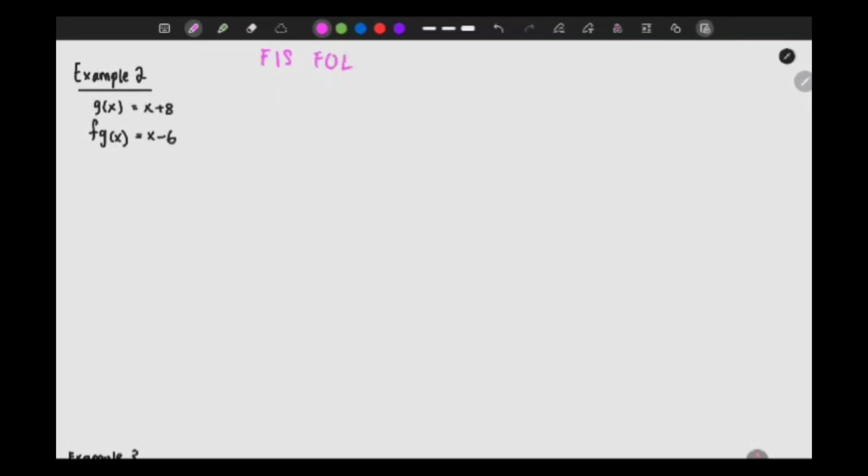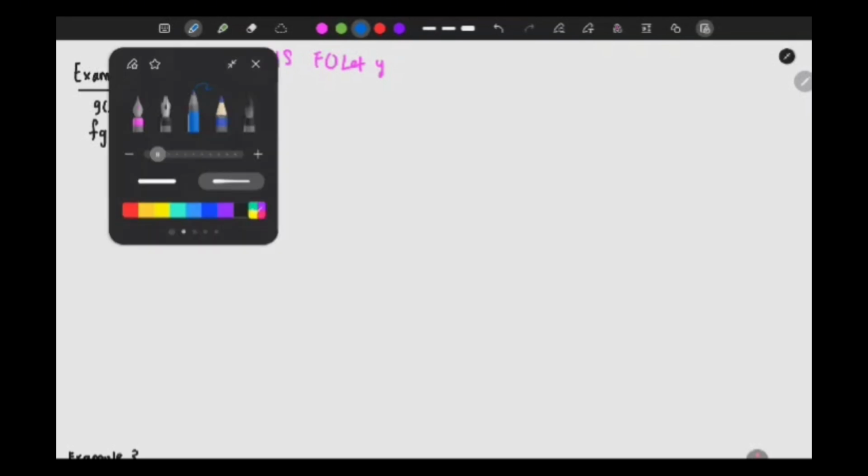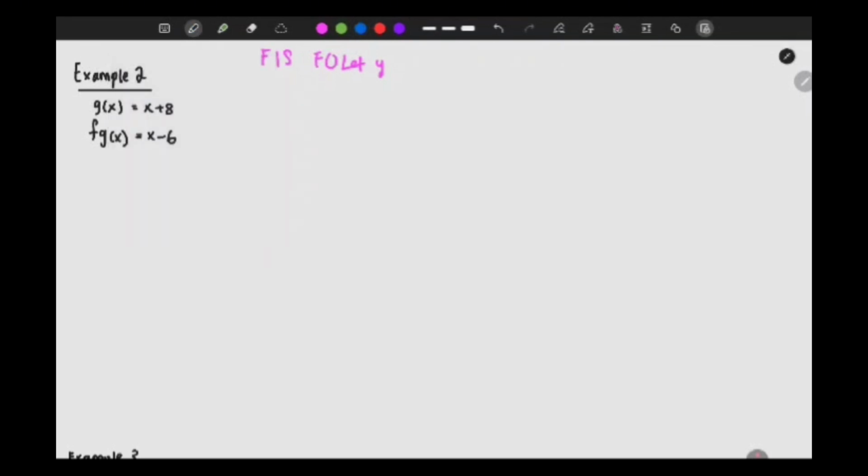So this time they give us g(x) and fg(x), and you should find the f(x). I didn't write the question, my bad. Find the value of f(x). Here you go. Let's get back to this.